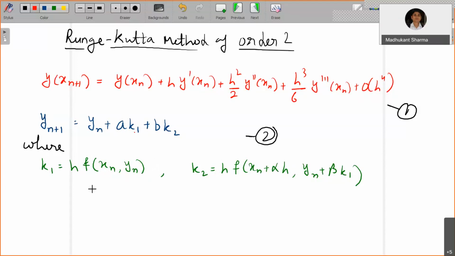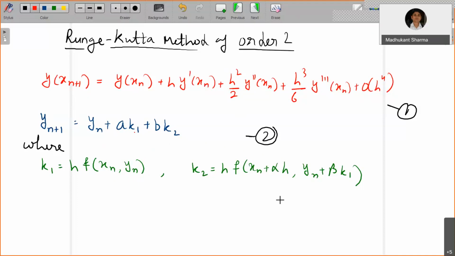So the Runge-Kutta method suggests that you substitute this k1 and k2 here and try to match with equation 1 for as high a degree as possible, for powers of h. So this is simple: f at xn comma yn, we can't do anything with it. This is f of xn, yn, which is going to be y dash at xn.